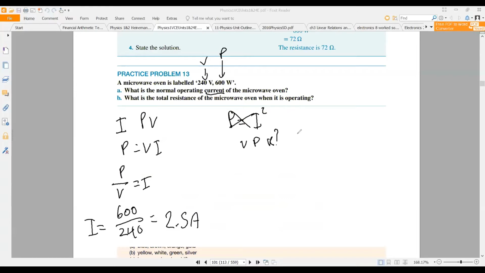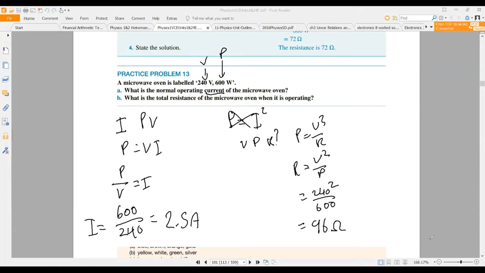And there is. I could use P equals V squared on R. So therefore, R equals V squared on P. V was 240 volts, 240 squared, and the power was 600. 240 squared divided by 600 is going to give you 96 ohms. That's going to be the resistance.